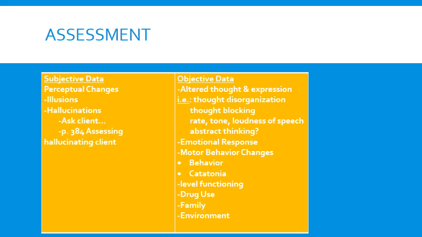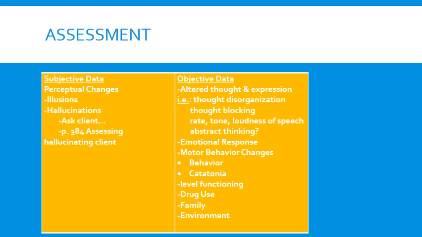So then moving on to objective data. Again, we've covered all these. We want to be looking for positive and negative symptoms, and to remember that we would gather most of this data by doing our mental status exam, reviewing the mental status exam, and gathering all that information. We definitely want to look for altered thought and altered expression.